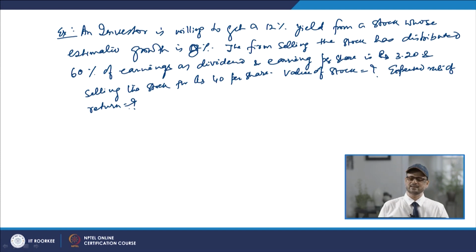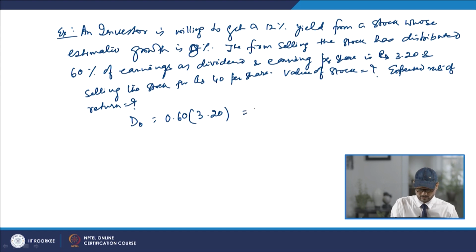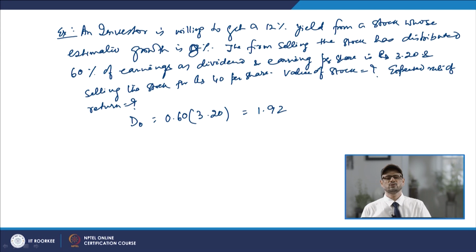So in that case, if you find the D naught, it will be 60%, so 0.6 times 3.20. So that will be your 1.92 rupees.